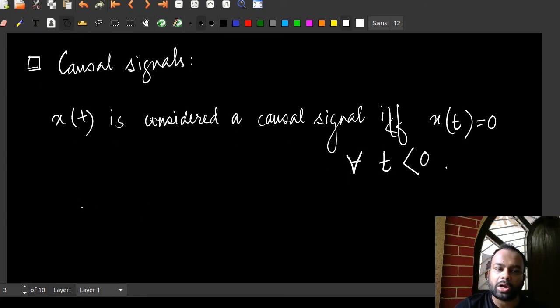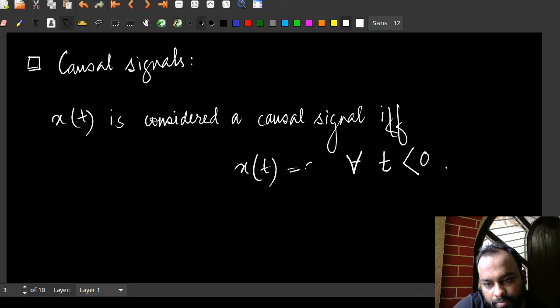So then the signal is considered causal. Okay, so a causal signal, let me write it here. A causal signal has a 0 value whenever time is less than 0. So whenever time is less than 0, a causal signal must always have 0 value.